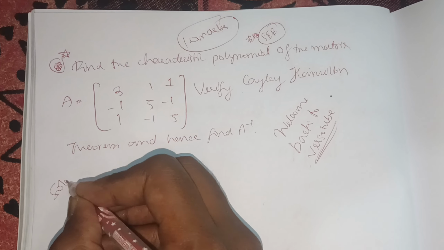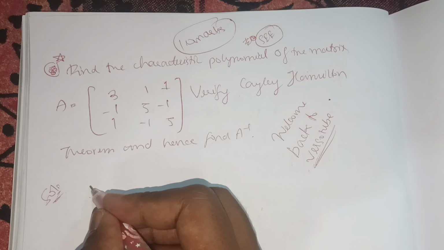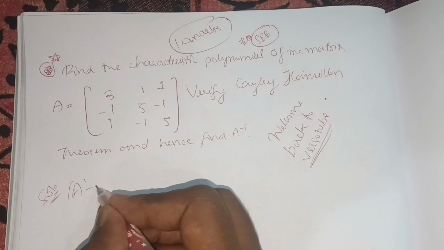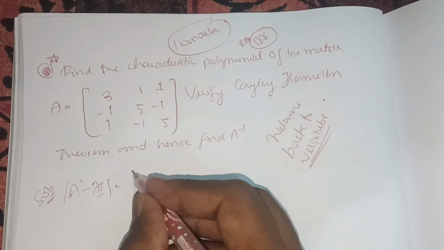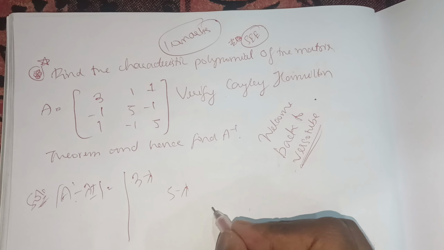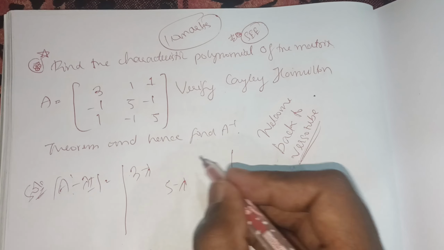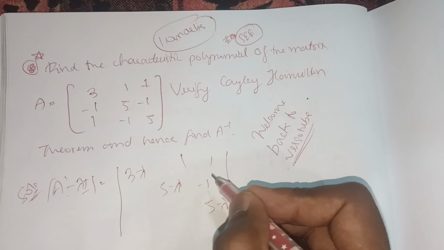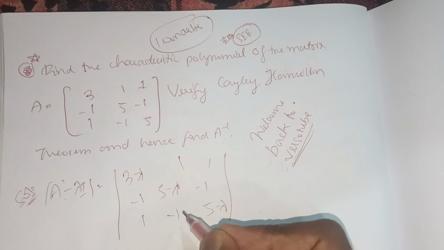So here first write it as A minus lambda I determinant. So here 3 minus lambda, 5 minus lambda, 5 minus lambda, 1, 1, minus 1, minus 1, 1, minus 1.